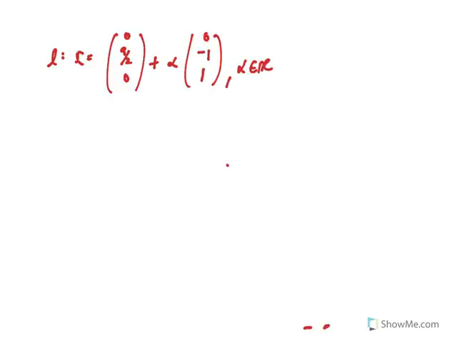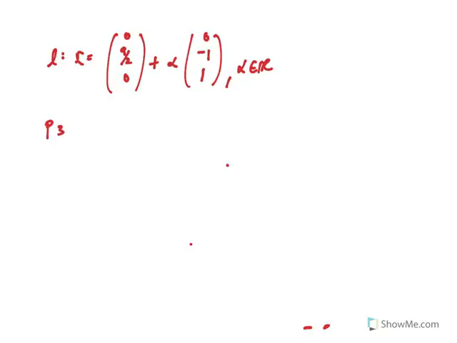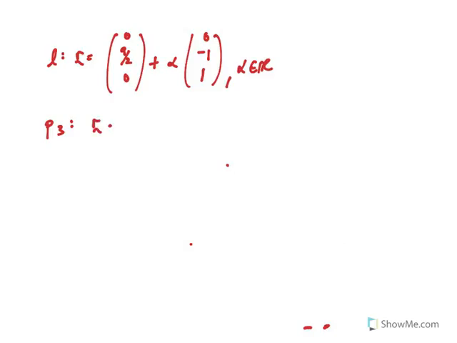Okay? Next one is the plane P3. Right, this is none other, if I write it in the scalar product form, r dot (1, a, -1) equals 0.